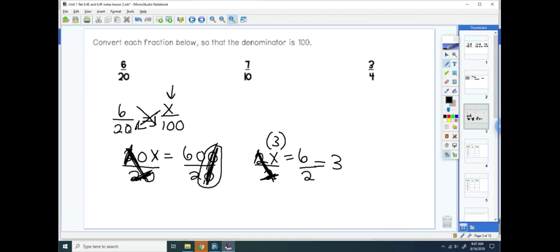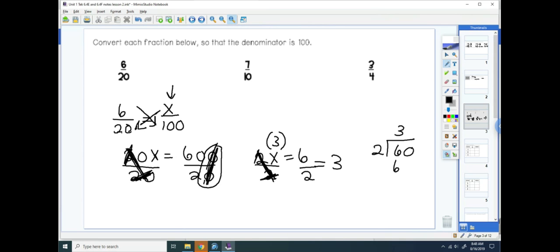So instead of dividing 20 into 600, which is a big number, all I have to do is divide 2 into 60, which is much easier. So how many times does 2 go into 6? Well, we already know 2 goes into 6 3 times.